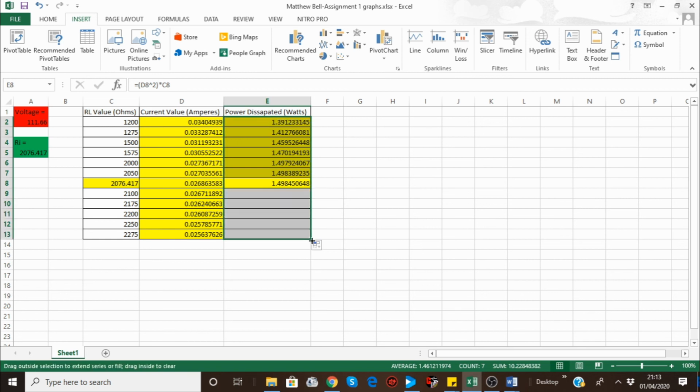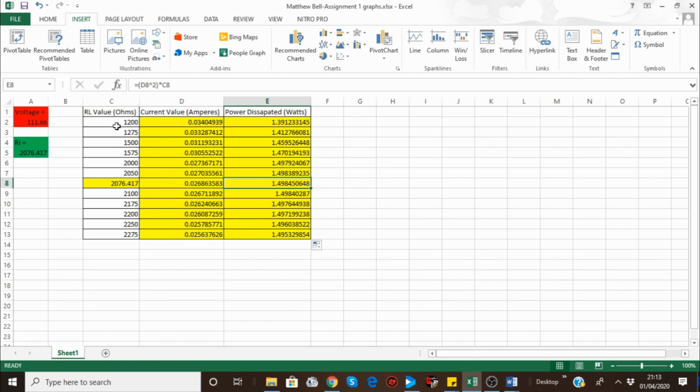The beauty of this is you don't have to calculate the power for each current and each resistor separately to show that maximum power occurs at this point. If you compare these adjacent ones, you can see maximum power occurs at this point where RL equals RI.